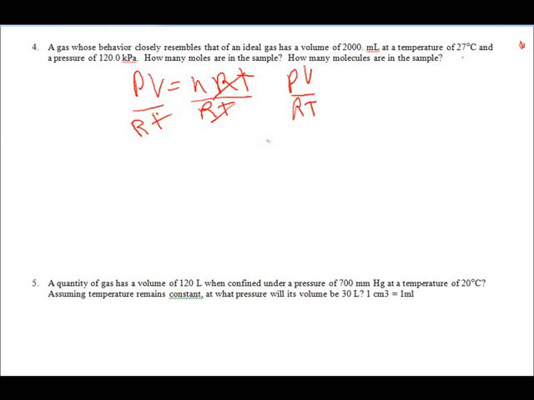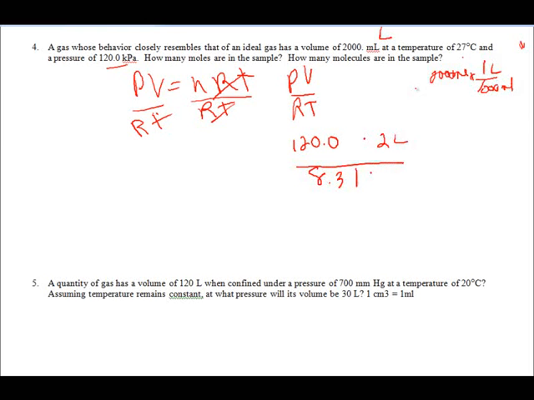Alright, so our pressure is 120 kPa, 120.0, times our volume, which is 2,000 milliliters. Now my R's all require me to use liters, so 2,000 milliliters, and I know 1,000 milliliters is 1 liter, so this is going to be 2 liters over R. Because I have kPa's here, I've got to use 8.31.